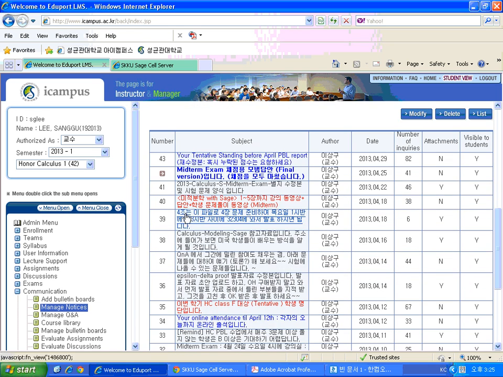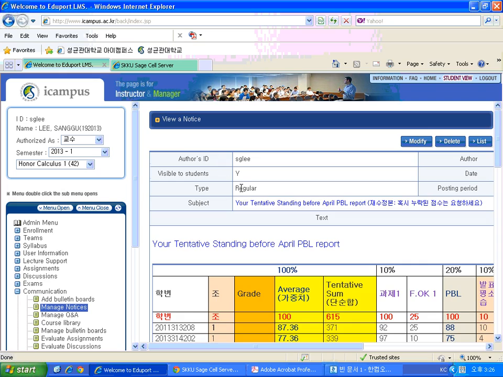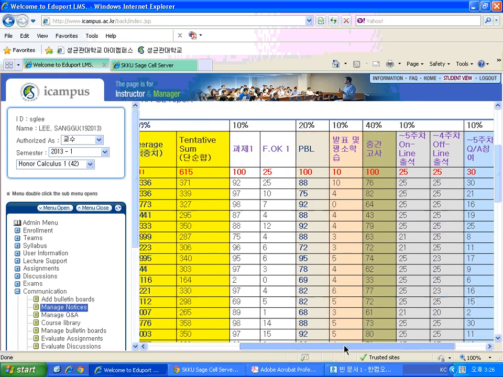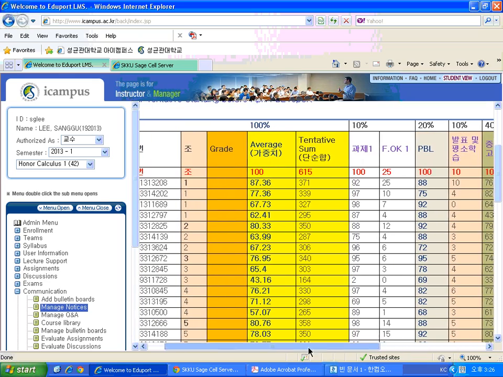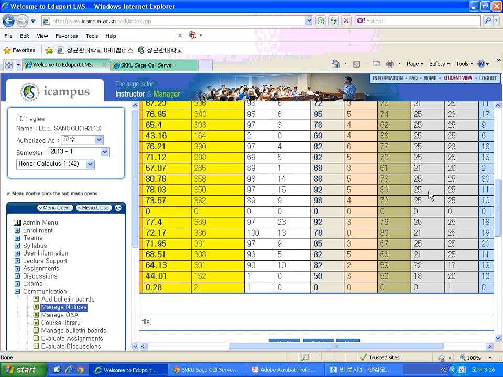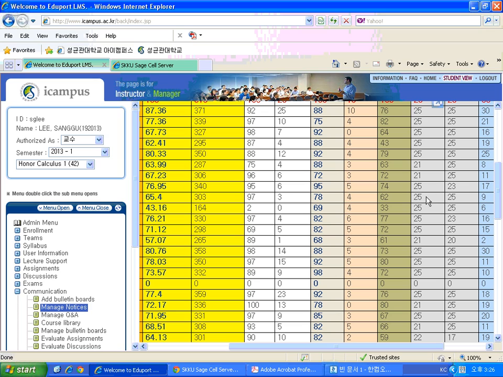Anyway, this is your tentative standing, and I made some corrections. My teaching assistant gave the points on online attendance after the 7th week, but I added your attendance up to the 8th week.